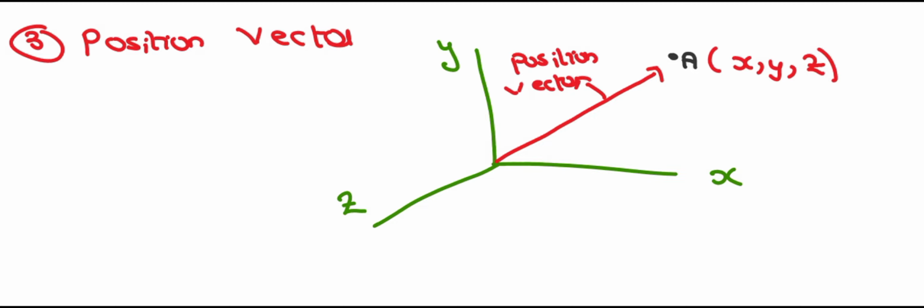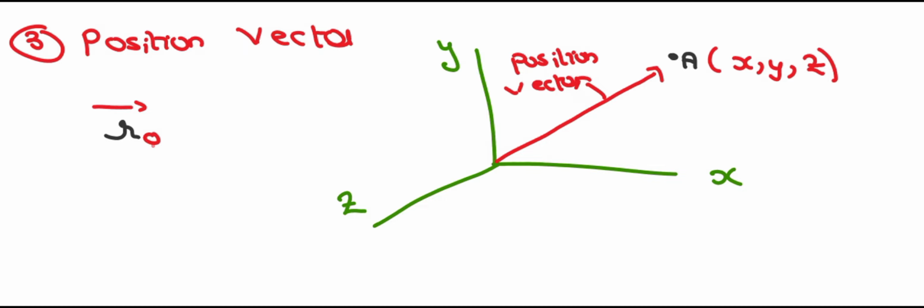The symbolic representation of the position vector is the alphabet R, and above this alphabet R you put an arrow. So this is the position vector. If you determine the location of a given point from the origin, this is RO.